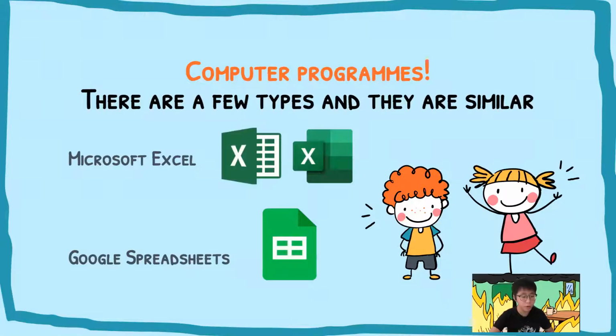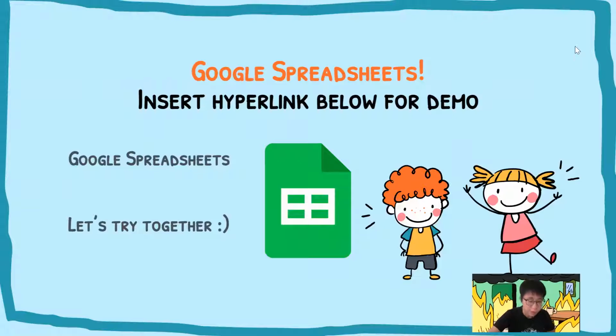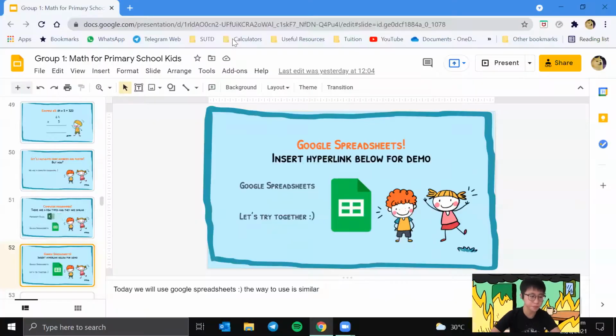There are quite a few computer programs that are available online for download, but more popular ones are Microsoft Excel and Google Spreadsheets. Today, we will be using Google Spreadsheets. So let me show you how to do it. We will try it together.